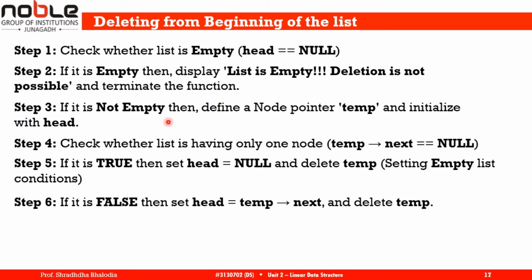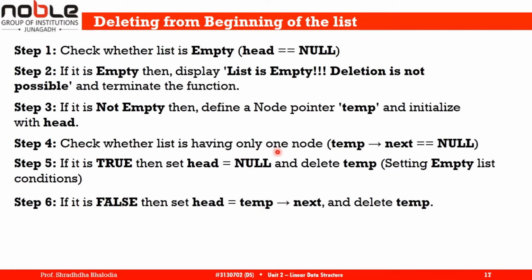If it is not empty, then define a node pointer temporary and initialize it with head. Then we need to check if there is only one node in the list, then we can delete that node. Next we check whether the list has only one node.